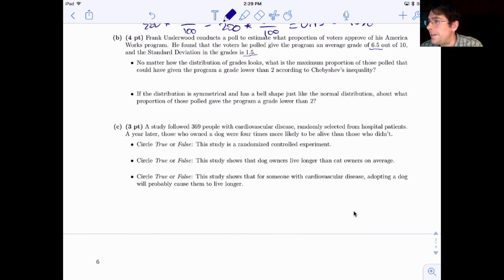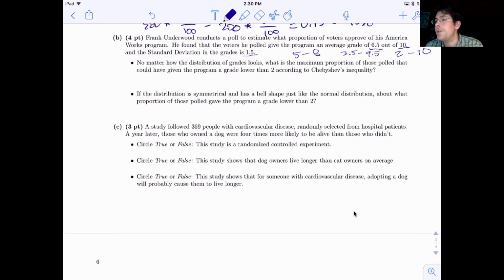So one standard deviation would go from 5 all the way up to 8, and then two standard deviations would go from 3.5 all the way up to 9.5, and three standard deviations would go from 2 all the way up to 10. 10 is the maximum. I mean, three deviations would bring you up to 11, but you can't get a score of 11.